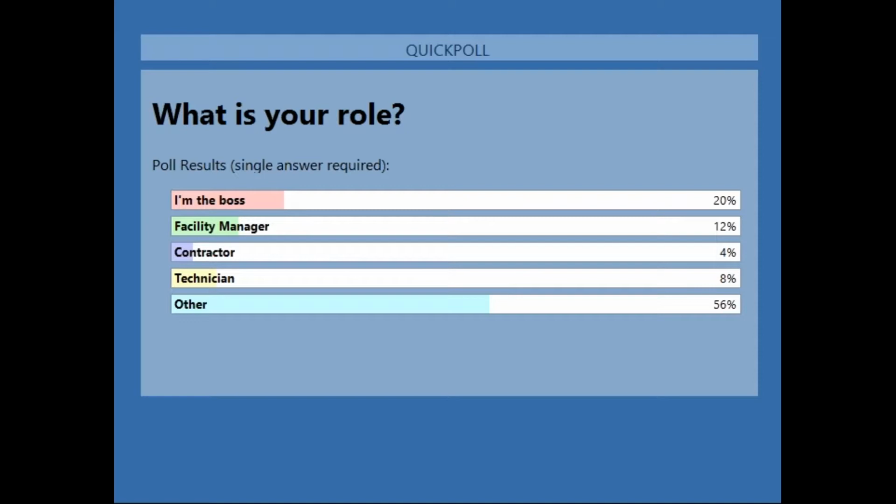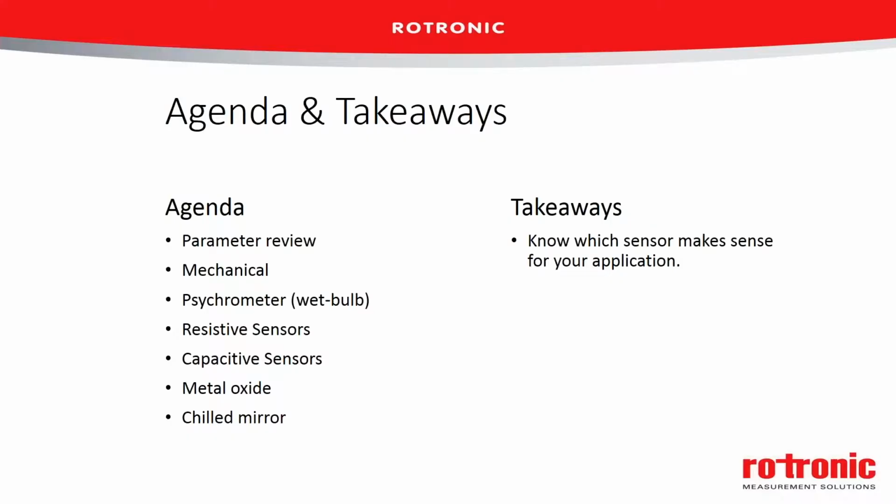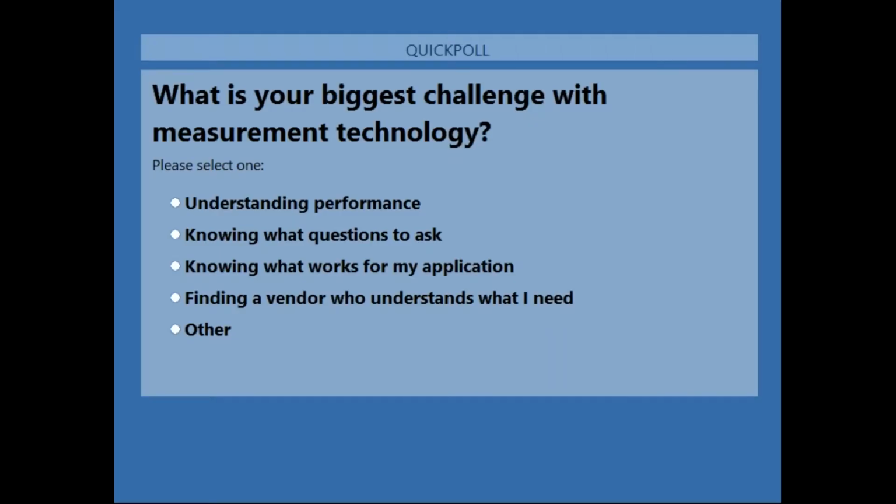I've got one more quick poll for you before we get into the presentation. What's your biggest challenge with humidity measurement technology? This can also help us tailor the presentation a little bit. Is it understanding the performance, knowing what questions to ask, finding a vendor who understands what you need?